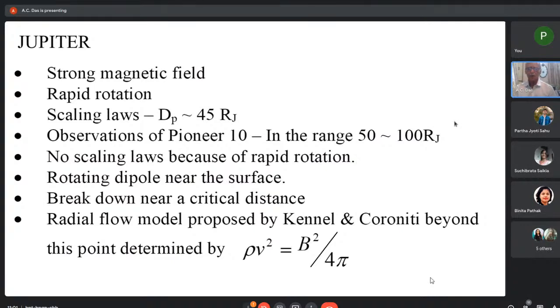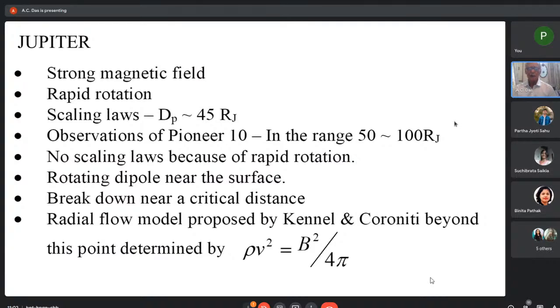Well, 45 is near to 50, but it goes beyond that to 100 RJ. So the scaling laws do not seem to satisfy the parameters obtained from the observations of Pioneer 10. Now, could that be because of rapid rotation, which is not there in the case of Earth, or could it be something else? We'll see that.